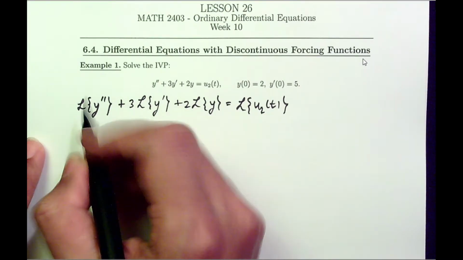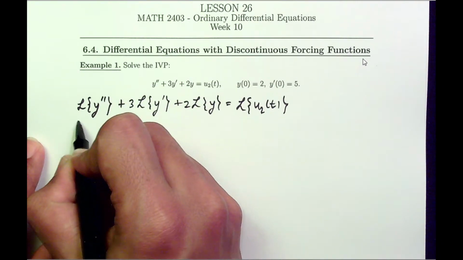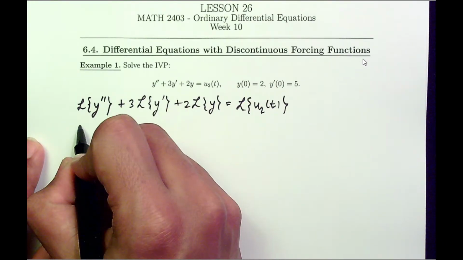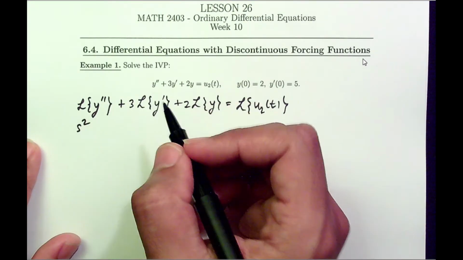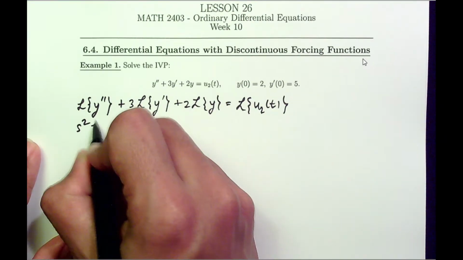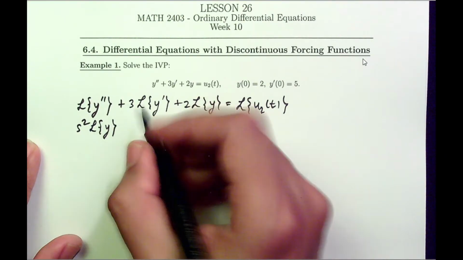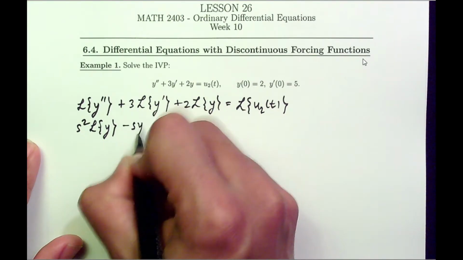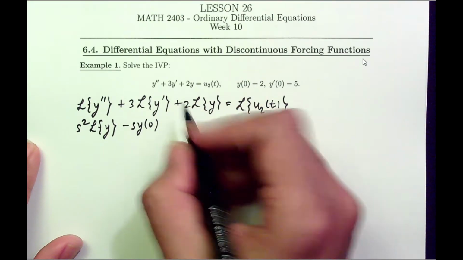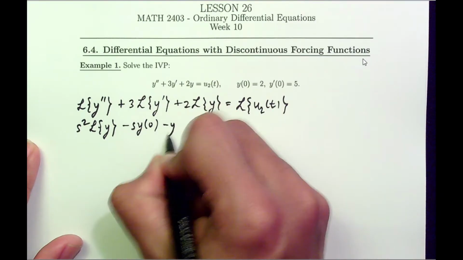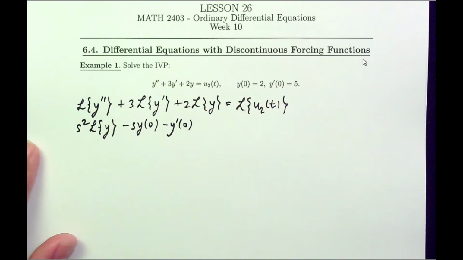The Laplace transform of the second derivative, using that formula for n equals 2, is s squared times the Laplace transform of y minus s y of 0 minus y prime at 0.